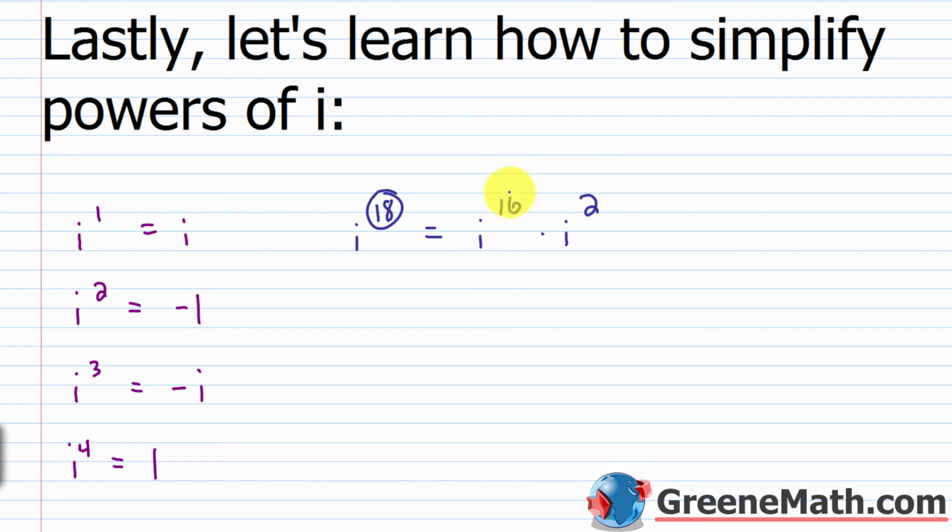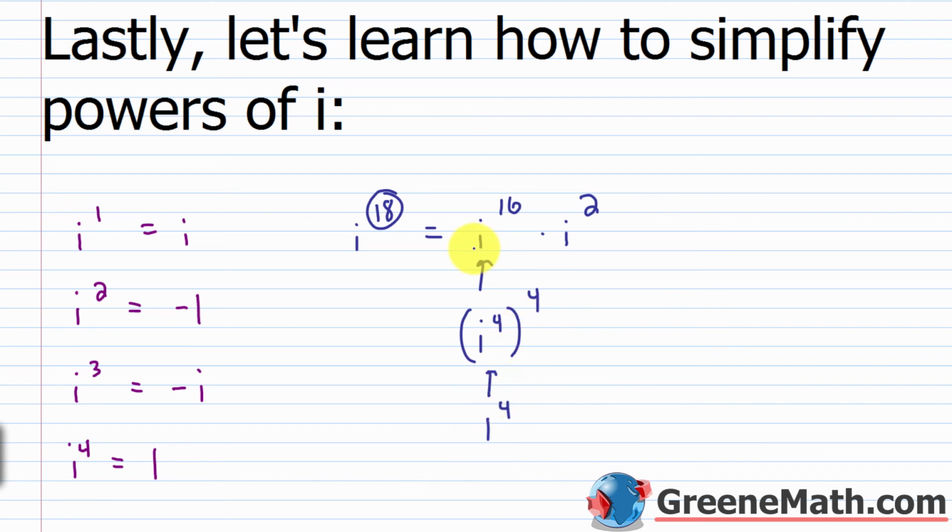If you have i raised to a power that is divisible by 4, you can just say that this is equal to 1. It's just that quick. And the reason you can do that is, I could write this as i to the 4th power raised to the 4th power, right? 4 times 4 is 16. I've done nothing illegal. i to the 4th power by definition is 1, so this is nothing more than 1 to the 4th power, which is 1.